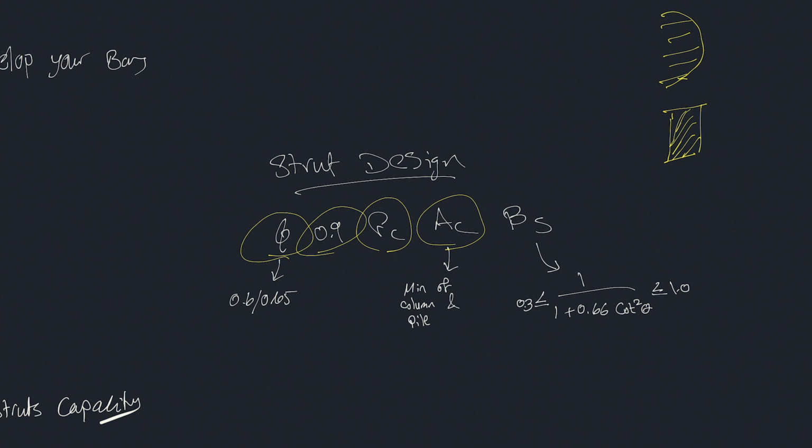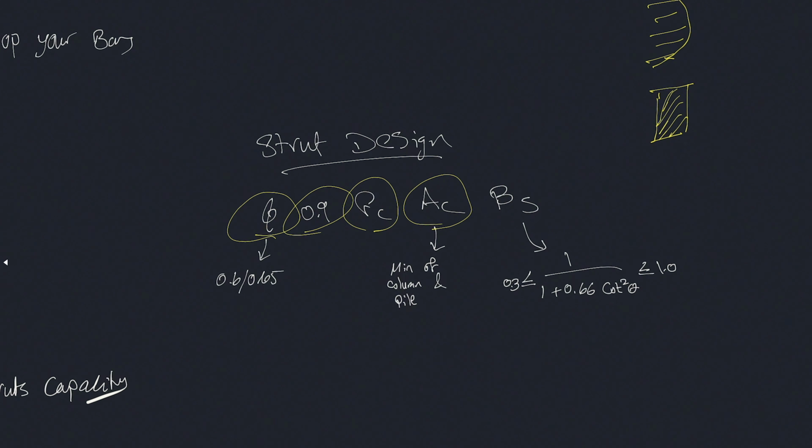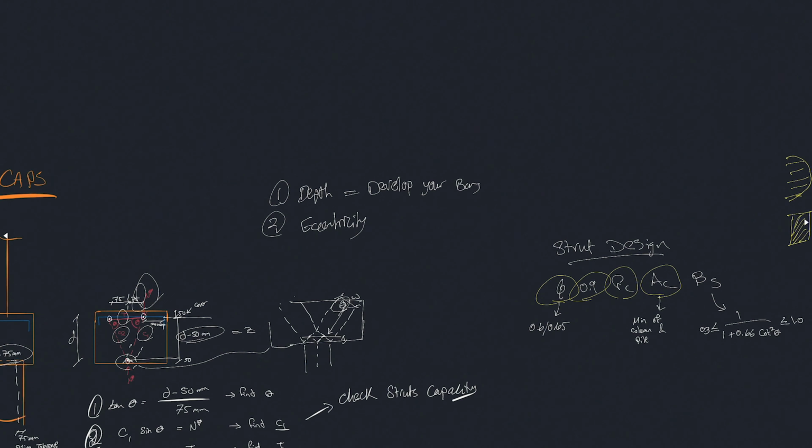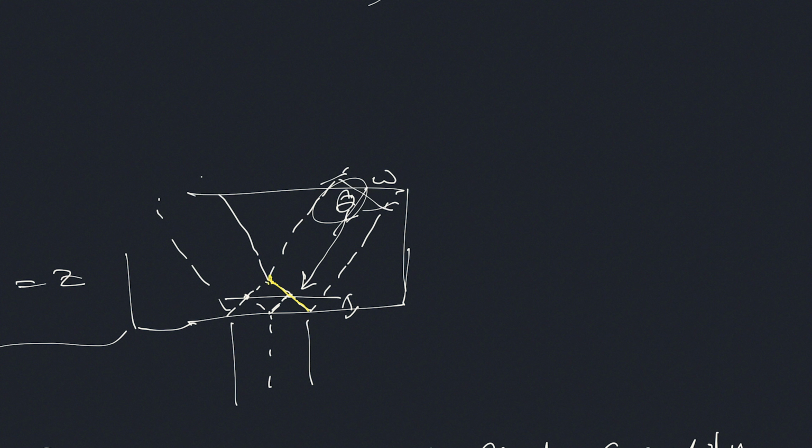And then your Ac is your area of concrete, which is basically the width of the strut in two directions. So let's touch on that a little bit. We've spoken about how we split our struts something like this, and basically we can approximate that this distance is approximately equal to half of the pile size.